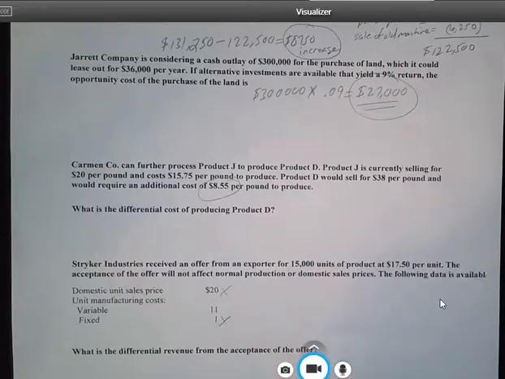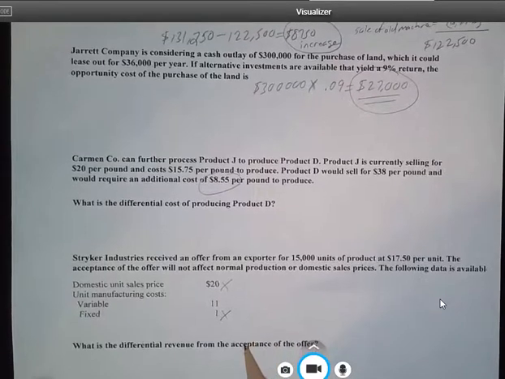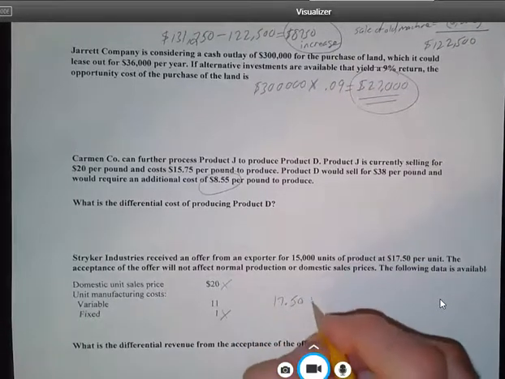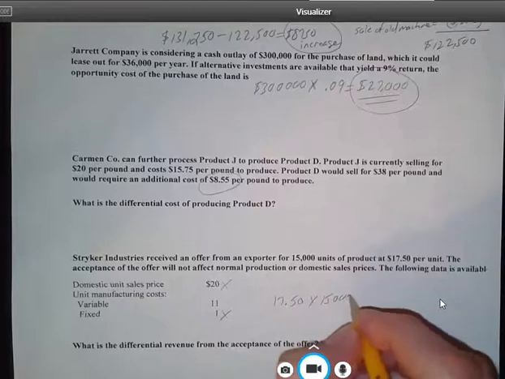Because fixed costs are fixed regardless, and it says that it will not affect normal production, so we're within relevant range. So all we have to do says, what is the differential revenue from acceptance of the offer? Well, differential revenue is 17.50 times 15,000.